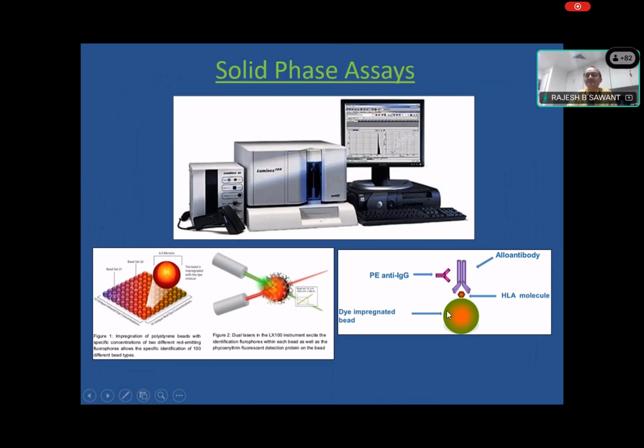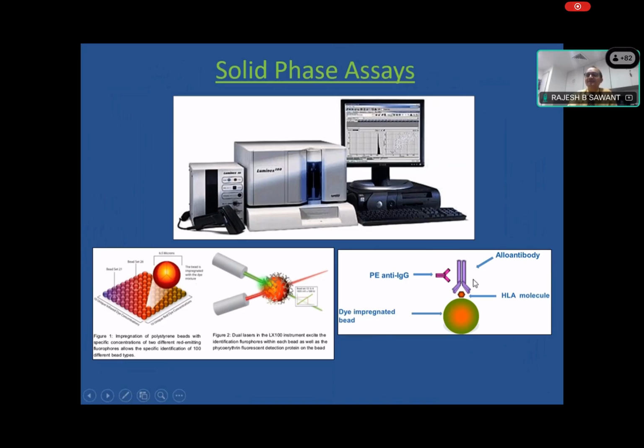So here what we do is we have these various polystyrene beads that are available for testing, and these beads are coated with various HLA antigens, right? And in this equipment, which is known as the Luminex, as the name suggests, there are various laser beams through which these beads will pass.